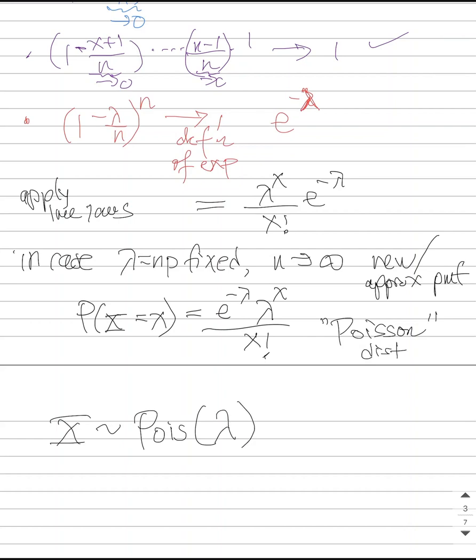And in this case, lambda, this parameter, is the only important part. X, again, will be the number of successes or occurrences of our event. Remember, we are trying to model a rare event. We are trying to figure out how often this would happen.